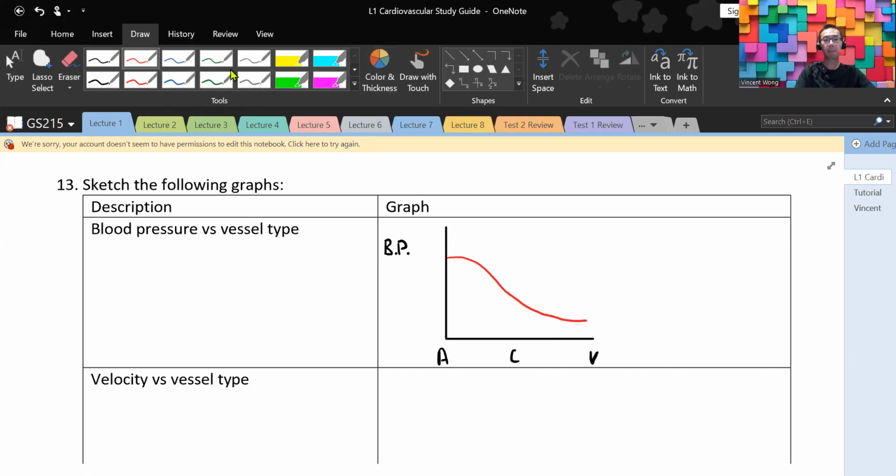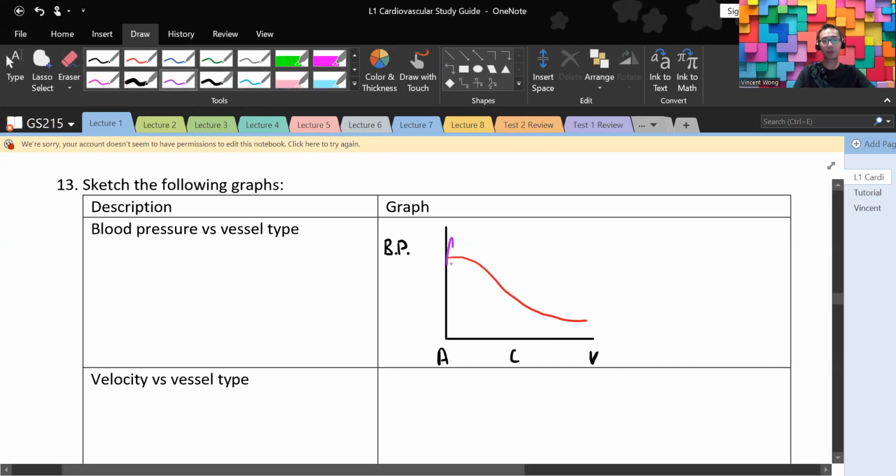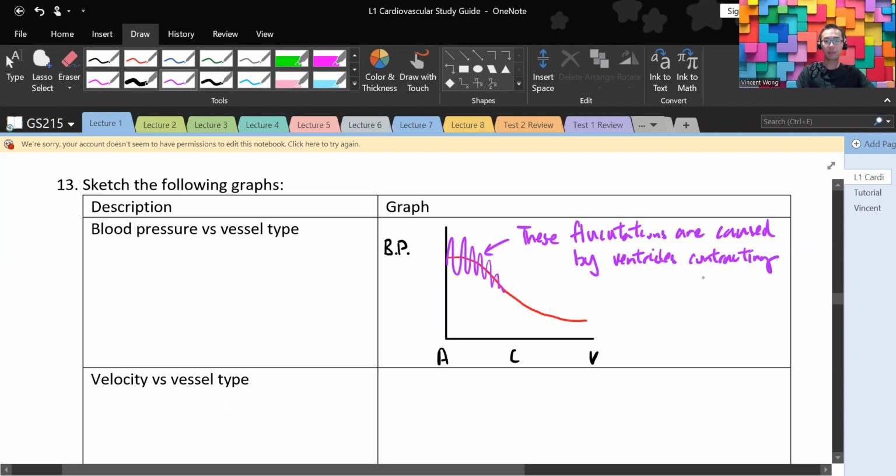In the PowerPoint slides, the graph actually shows a little bit of fluctuation at the beginning, right? These fluctuations are caused by ventricles contracting and relaxing.